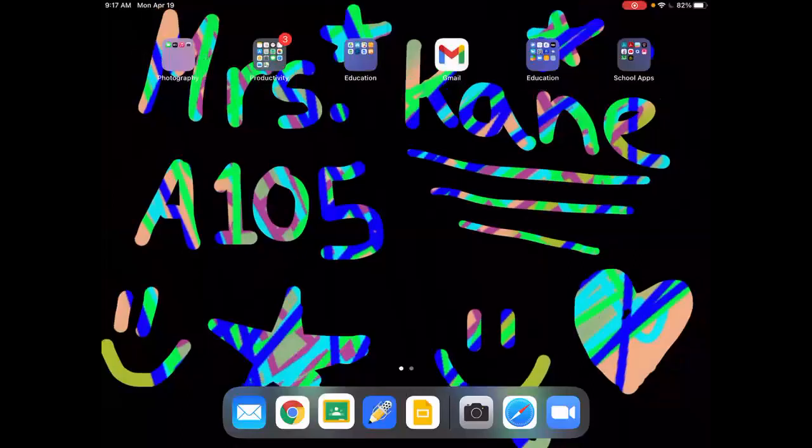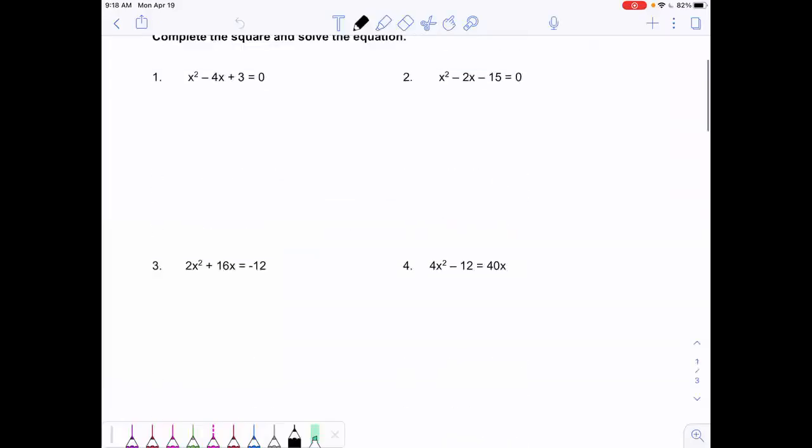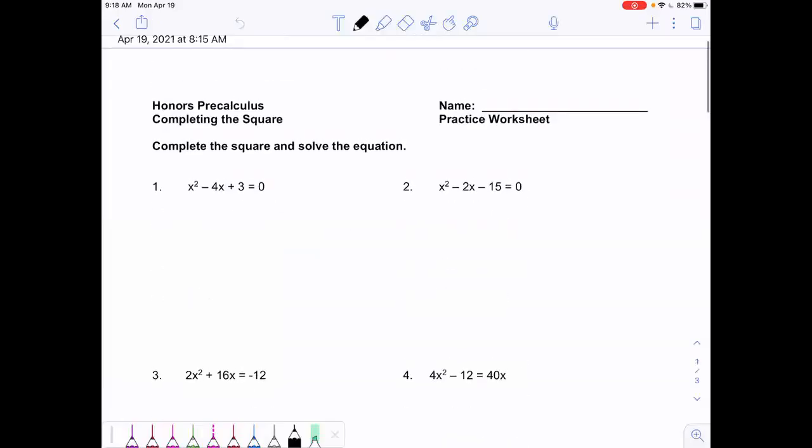And when you open it, there are 8 problems. I also have an answer key posted for the solutions. Please use completing the square to solve. So even though the first one is factorable, again, the goal is to get it into this perfect square form.